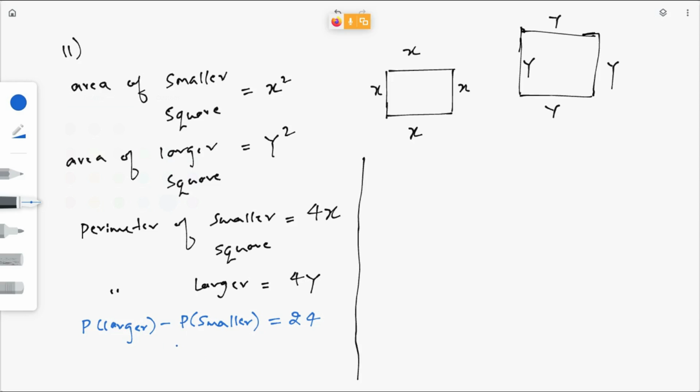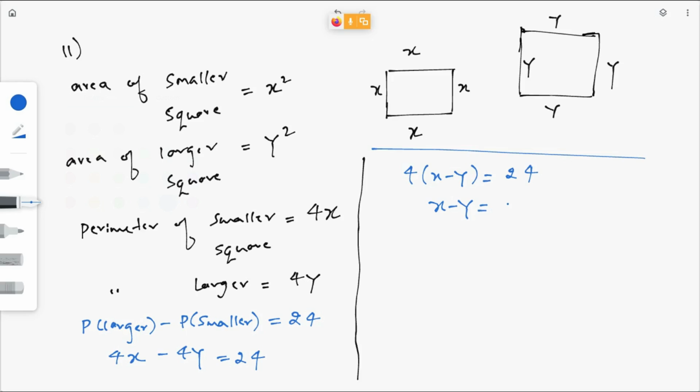As per the given condition, 4y minus 4x is equal to 24. If you take 4 common, y minus x is equal to 6.